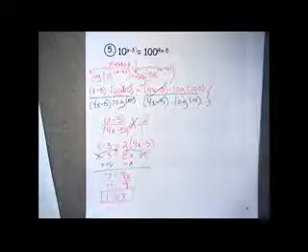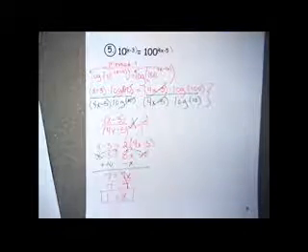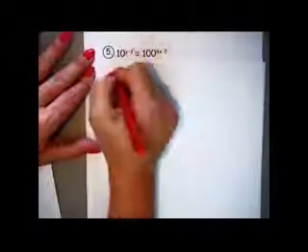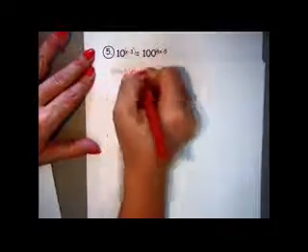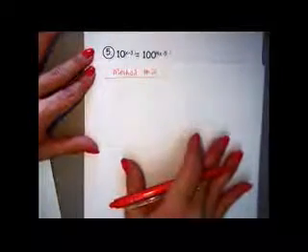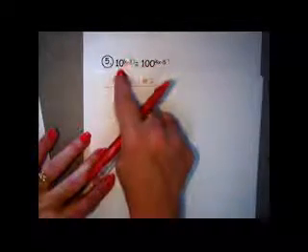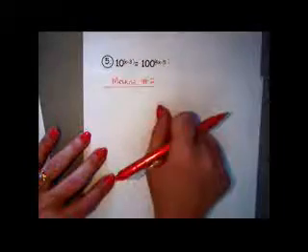So here's method 2. Do you agree that if I have two things with the same base, then the exponents have to be the same if they're equal?